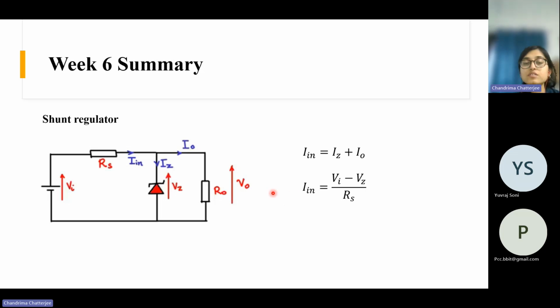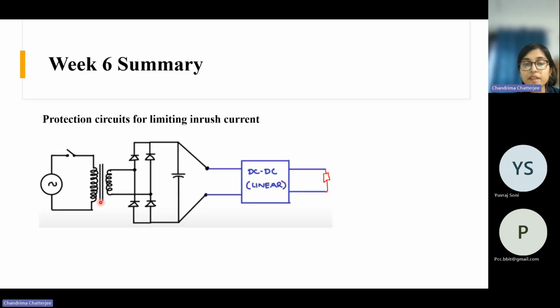Okay. So the linear regulators can be of two types: shunt regulator and series regulator. First, we shall study the shunt regulator. What is the circuit? This is the circuit. Actually, this voltage that we will get across this capacitive filter, we will denote as Vi.